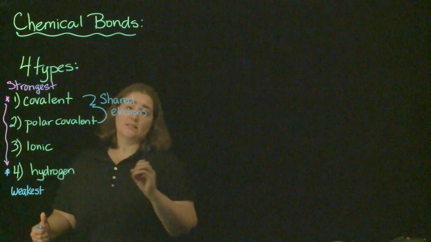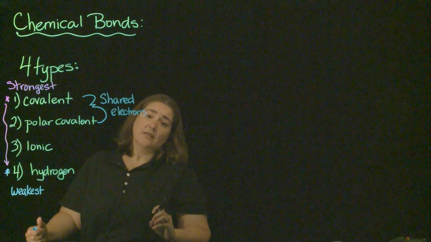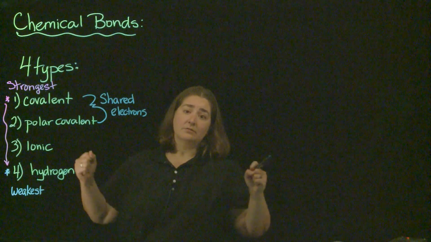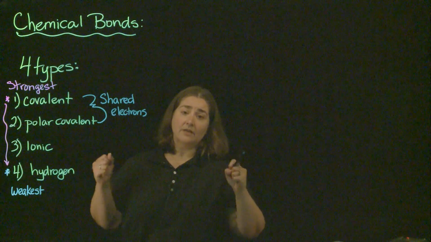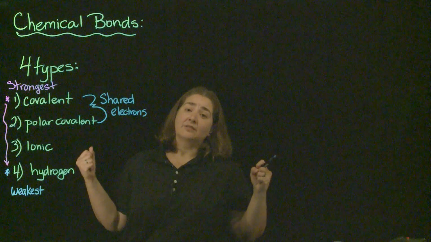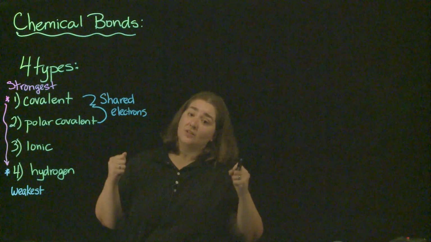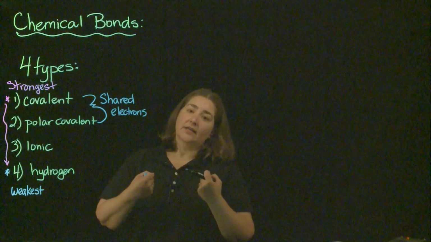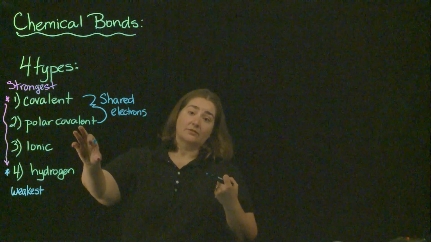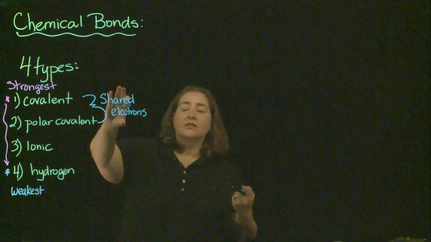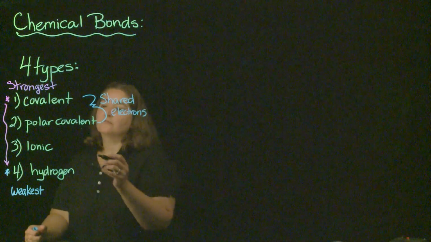That's what makes these a stronger bond, is in that outer shell, neither element wants to totally give up the electron, but to have its shell filled, it is willing to share an electron with another element. Okay? So we've got covalent, polar covalent, sharing electrons.